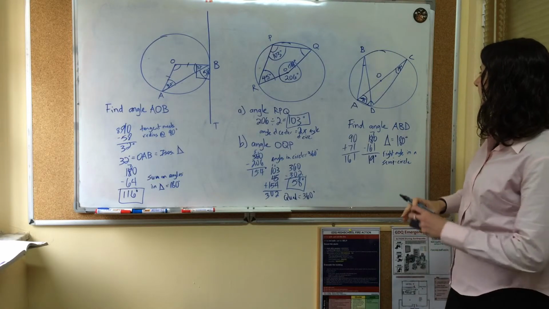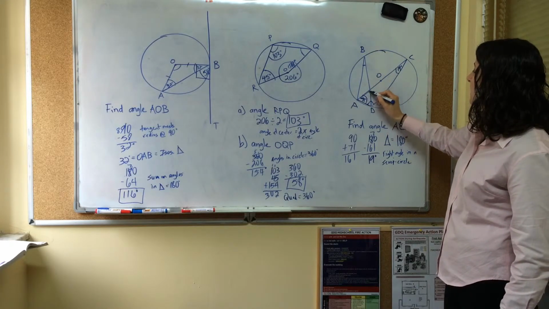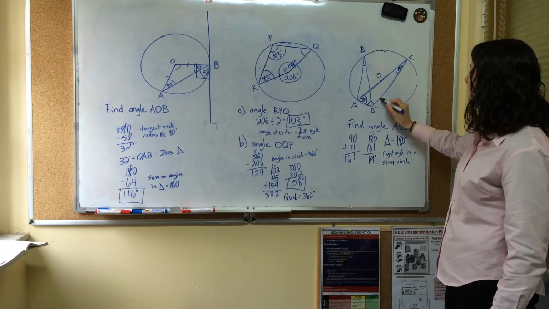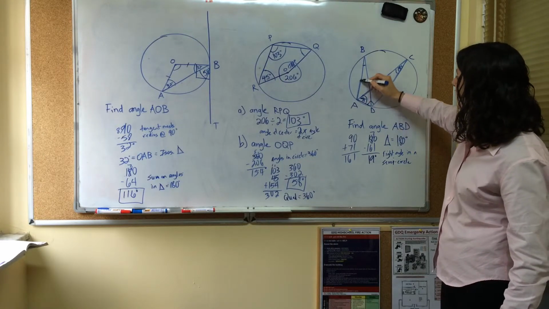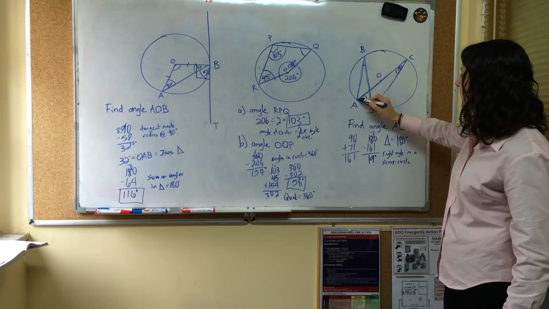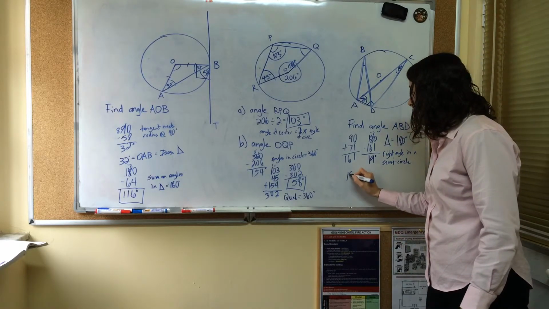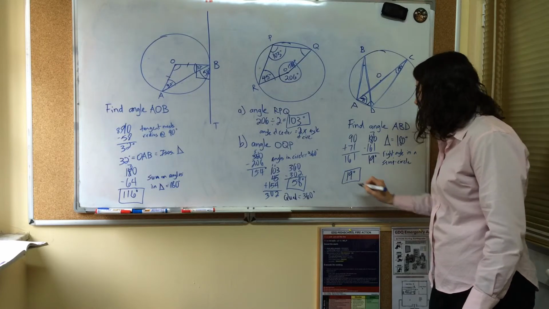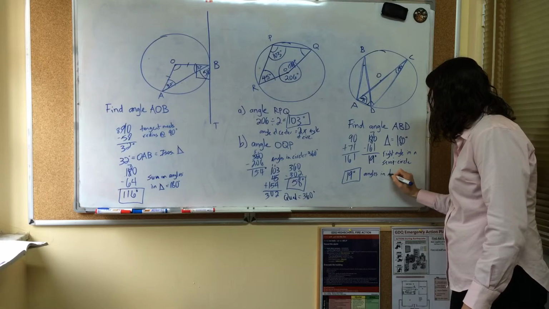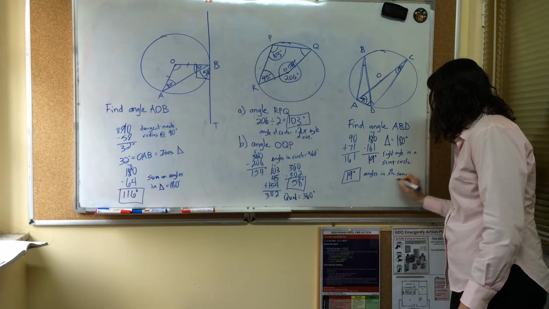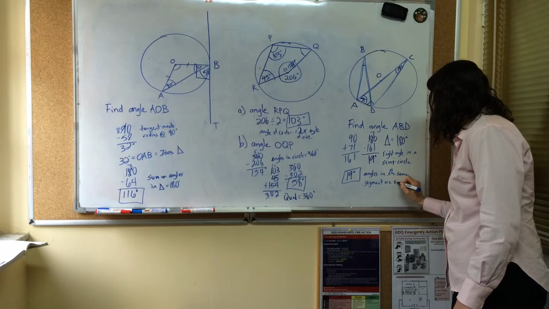Okay, so then to figure out this angle over here, this B one, we can see that these angles are in the same segment. We began at A, went to C, landed at D. We begin at A, go to B, end at D. So we began at A on both of them and ended at D. So the answer is 19 degrees because angles in the same segment are equal.